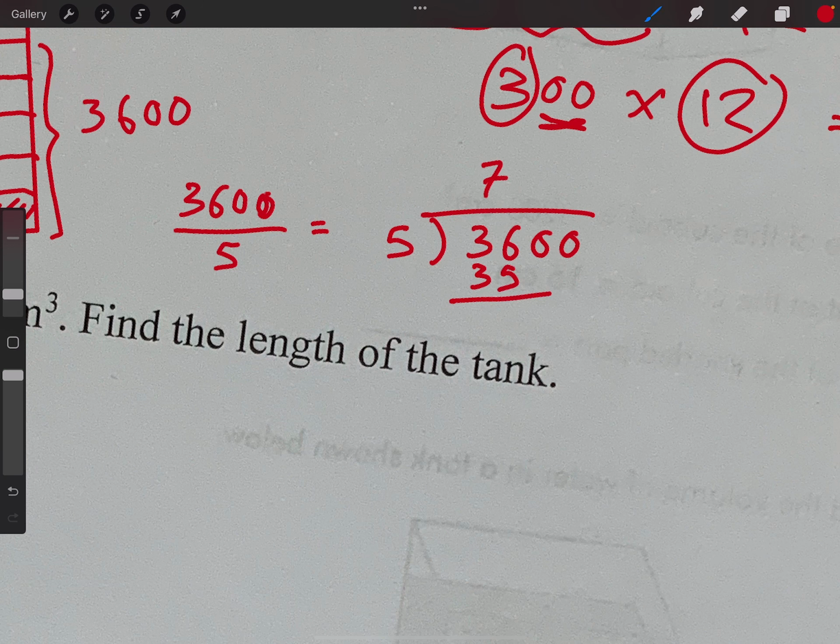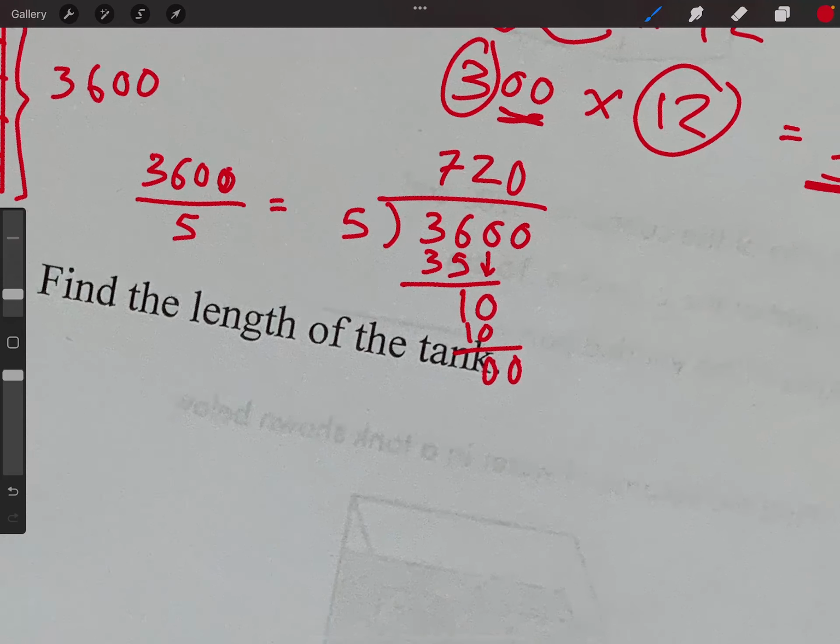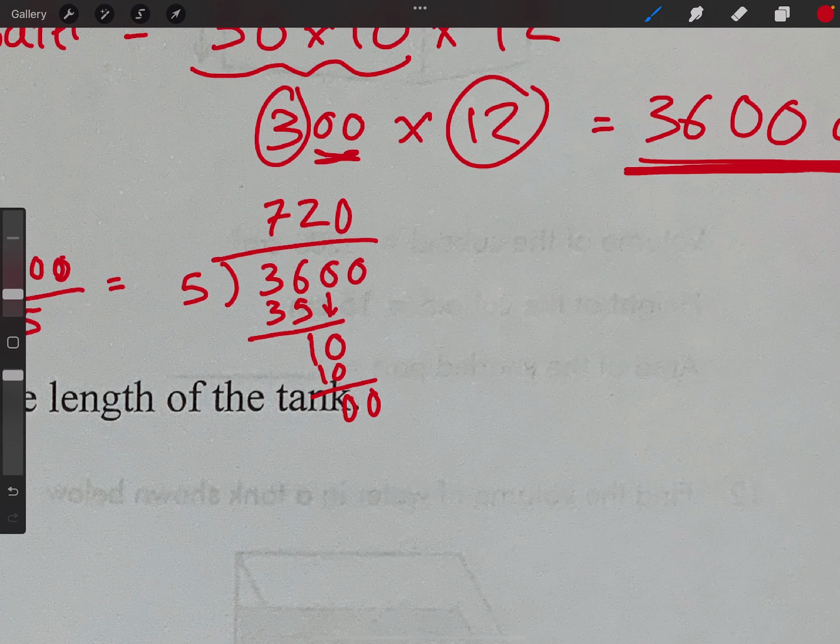Take it away, remainder 1. Bring down the 0. 10 divided by 5 is 2. 5 times 2 is 10. Take it away, 0. Bring down the next 0, and that'll be 0. So one piece, 1 out of 6, is equal to 720.